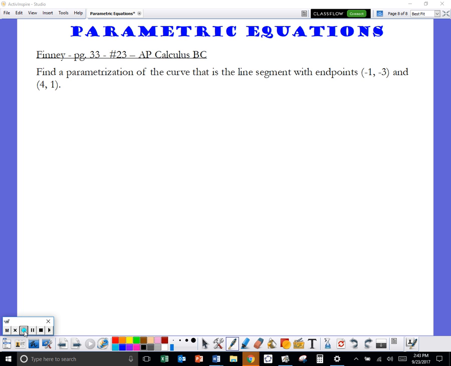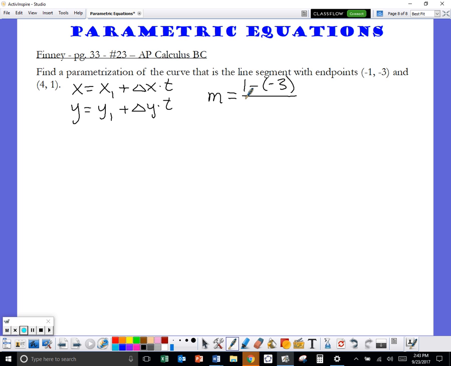So, again, remembering the two equations that we had before, that x is going to equal x sub 1 plus delta x times t, and y is equal to y sub 1 plus delta y times t. Delta x and delta y are going to come from the slope. Slope's going to come right out of these 2 points. Let's figure out the slope. So we're going to take 1 minus negative 3 over 4 minus negative 1.